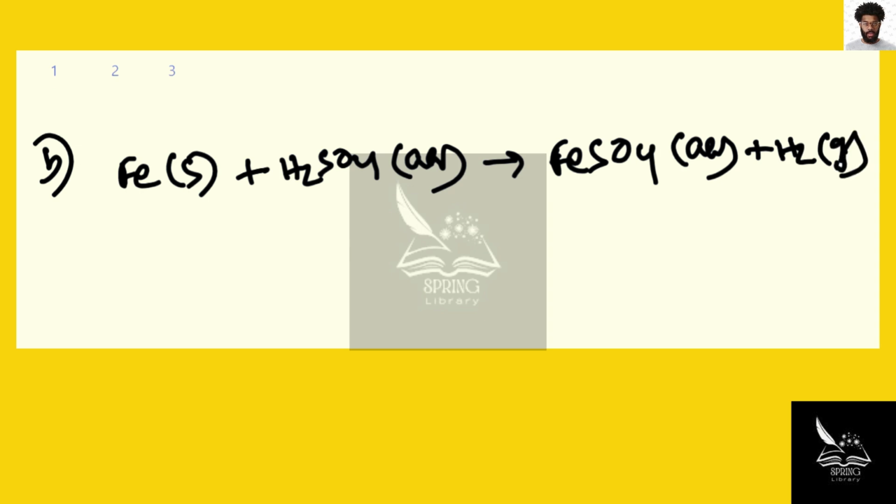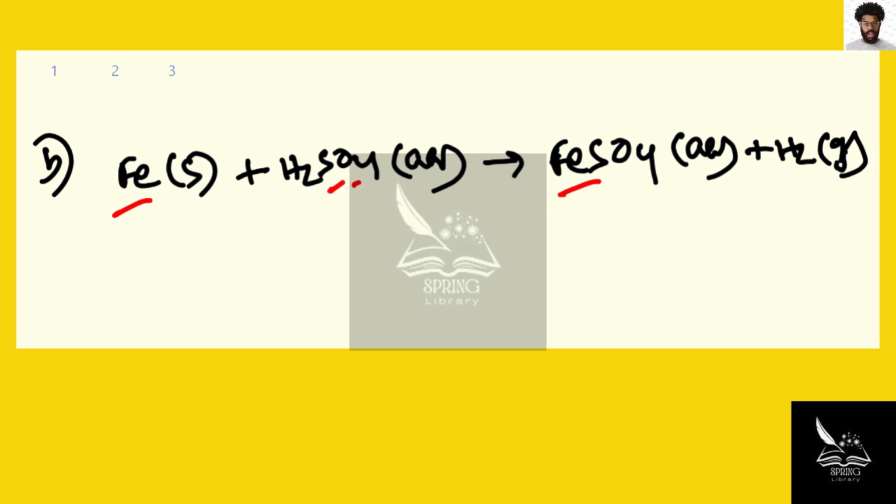So now we have to balance our metals first. The metal here is iron. Iron is already one on both sides. Then we have to balance the non-metal. When we have complex ions, or radicals, or molecular ions like this sulfate, we don't have to count the sulfur and oxygen separately.